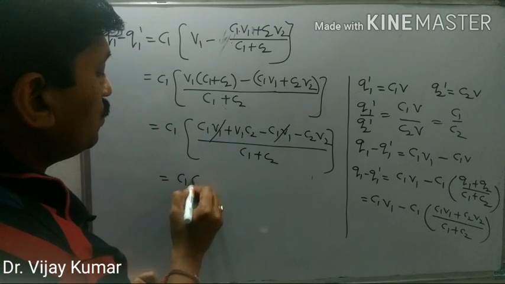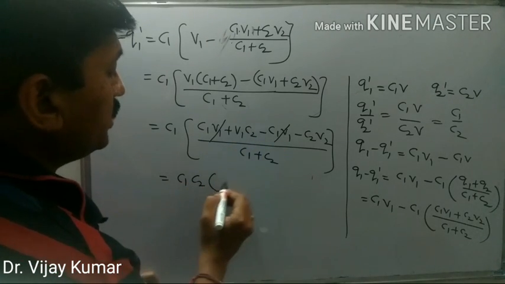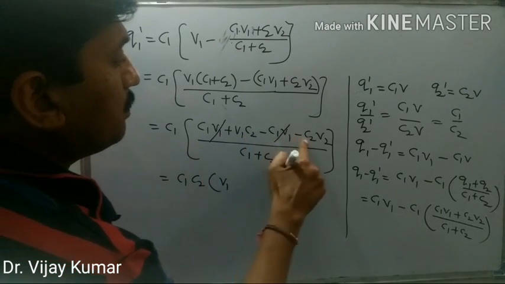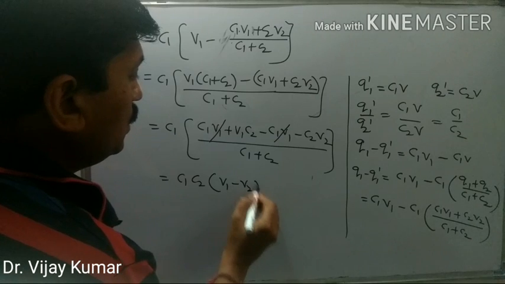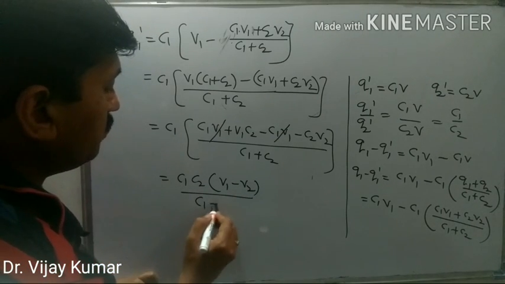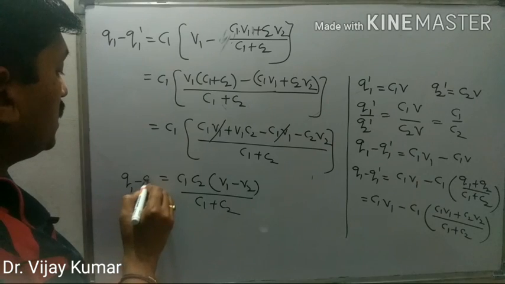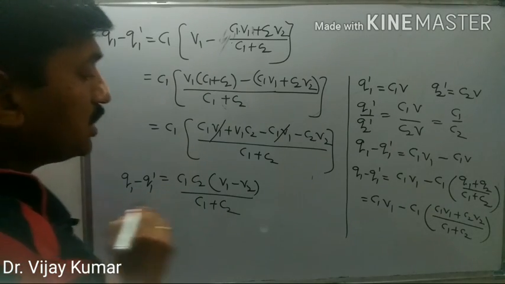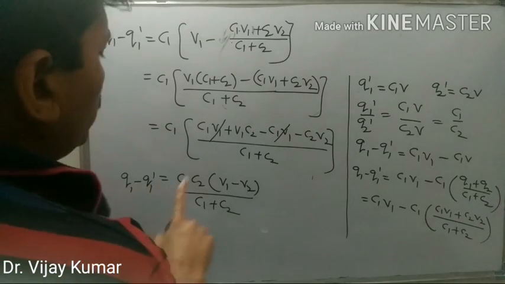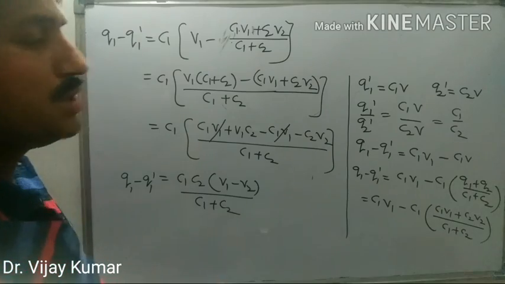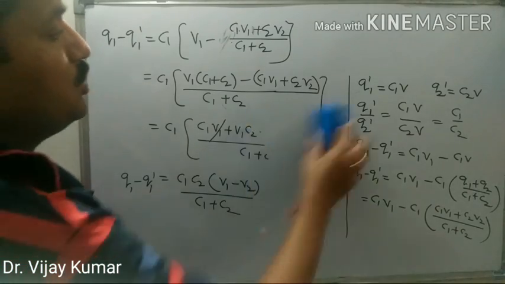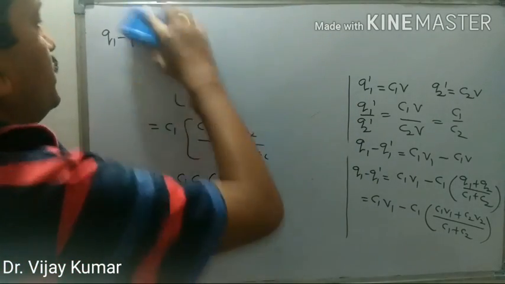We can take C2 common: C1C2 into V1 minus V2 upon C1 plus C2. This is the charge which is transferred after the joining. Q1 minus Q1 dash represents the quantity of charge transferred after the joining of both conductors.